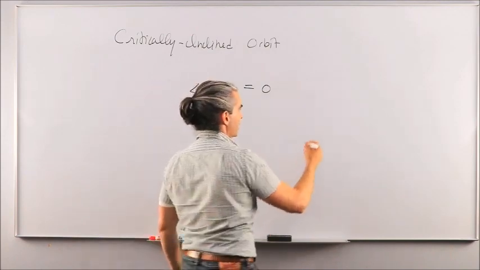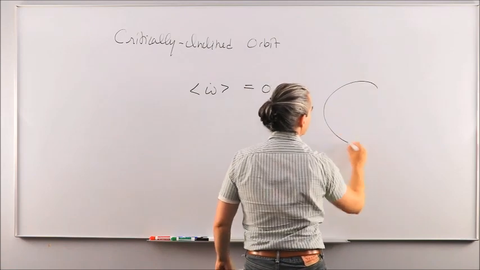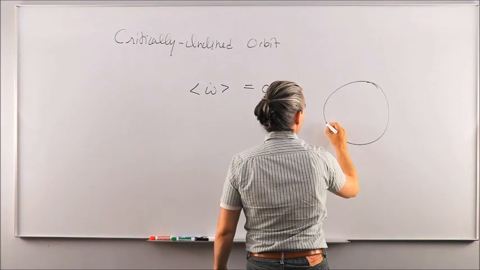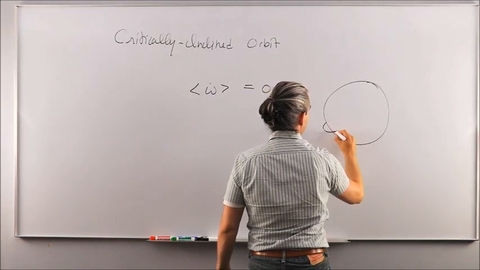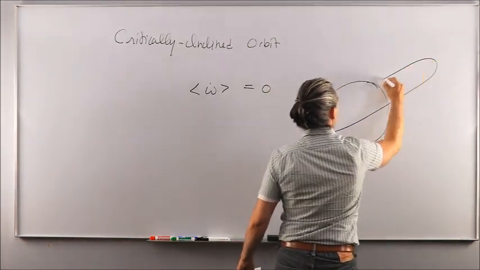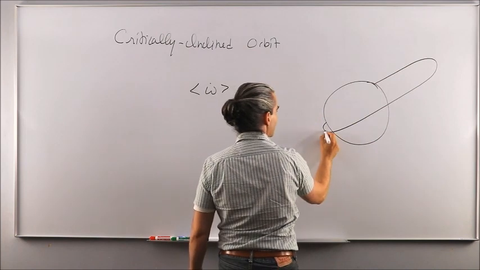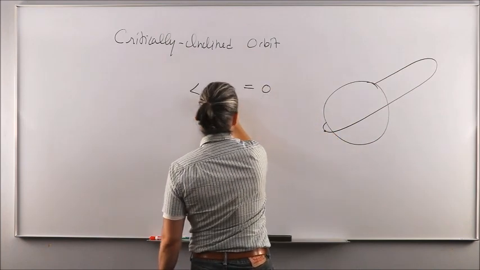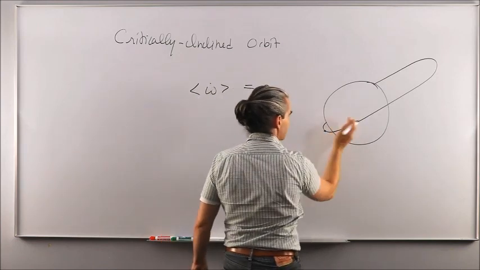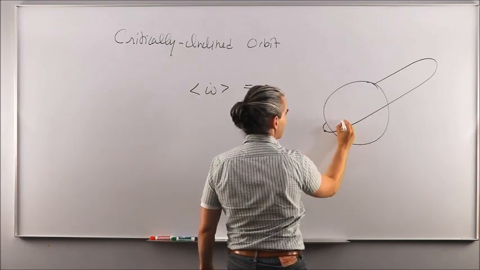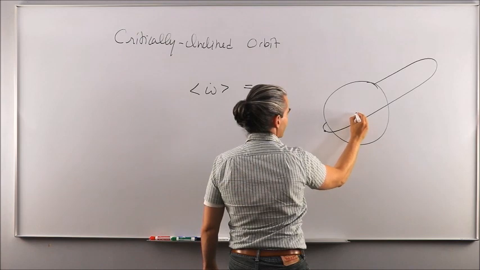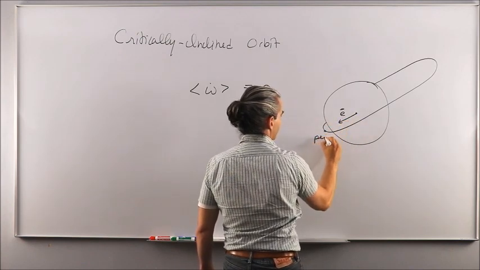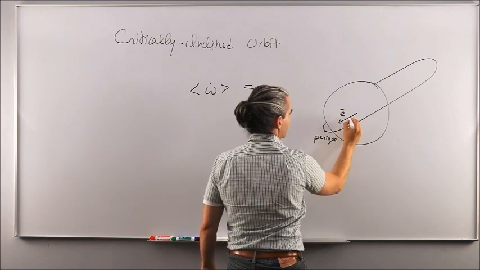Otherwise, what you would end up with is an orbit with, say, the perigee here, if you look at a highly elliptical orbit. The average rate of change in argument of perigee being equal to a non-zero value would mean that this eccentricity vector that points at the perigee would spin.